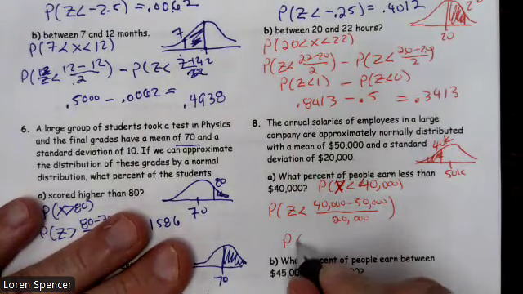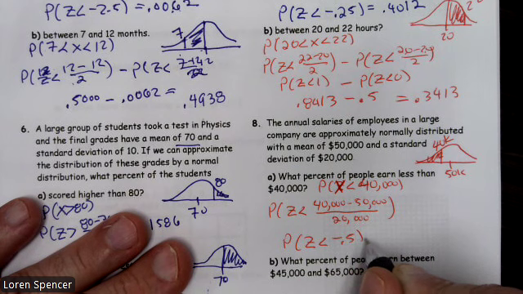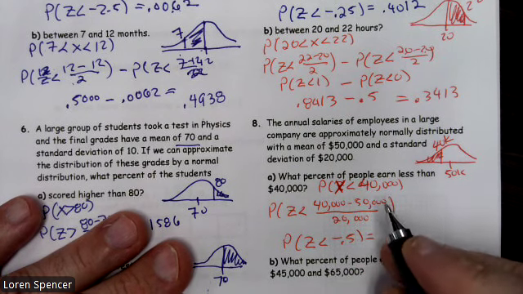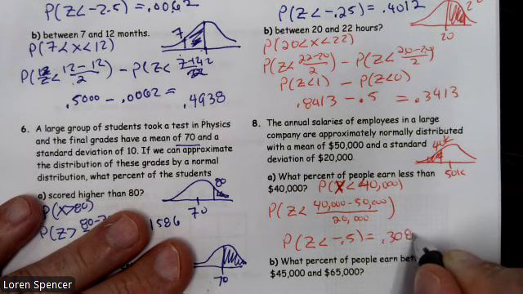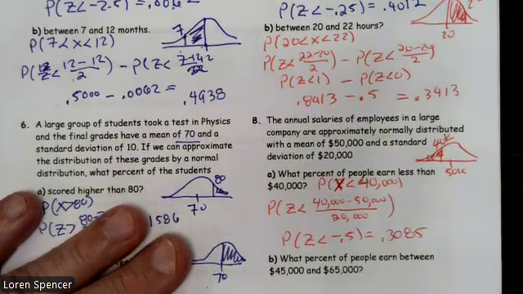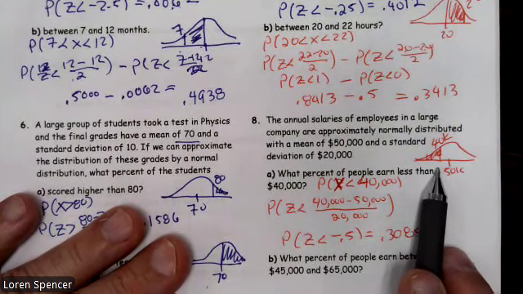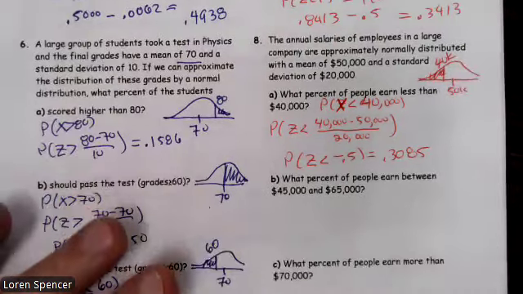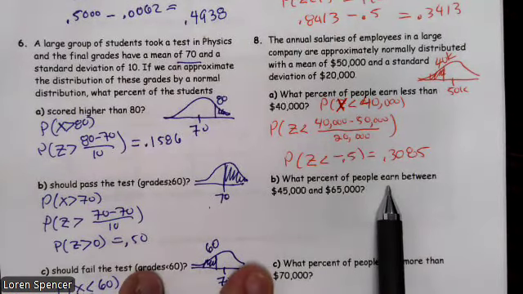So the probability that Z is less than negative 0.5 equals 0.3085. There we go. And we would expect it to be negative because we're below the mean, so we expect a negative Z-score.